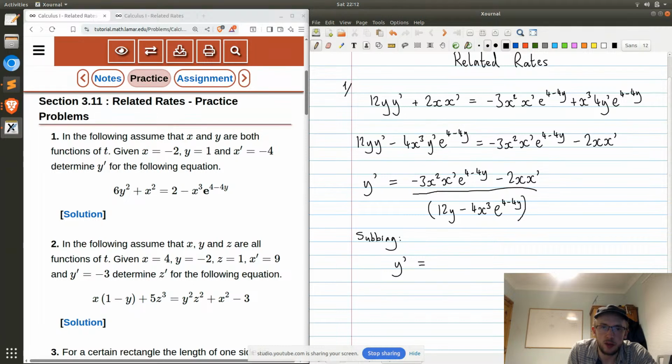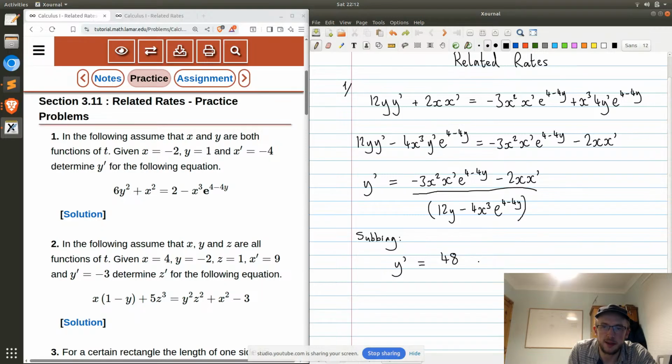And then we have to multiply that by negative 4, so 48. To the 4 minus 4, so that would be 0, so 1.